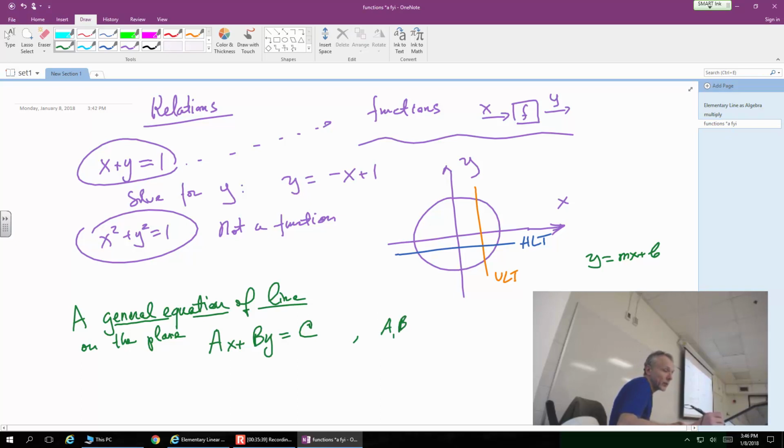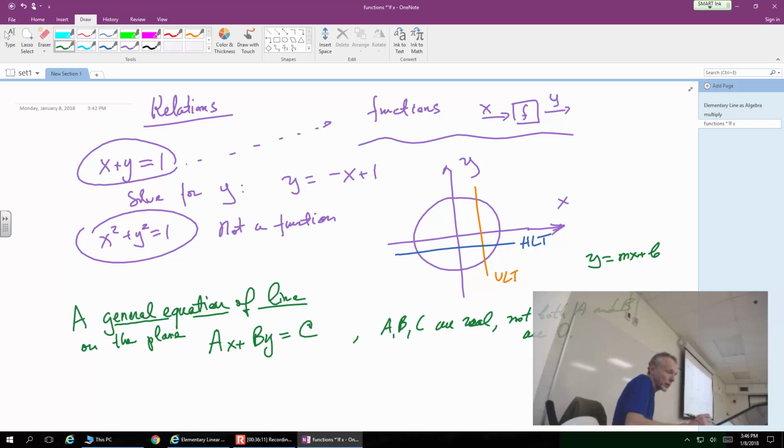Here a, b, c are real, and we have to have an extra restriction: a and b are not both 0. If both of them are 0, then we're not getting a line. But if one of them is definitely not 0, then we have a line, and some of them could be vertical or horizontal.